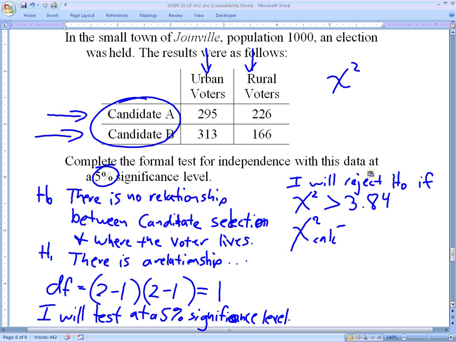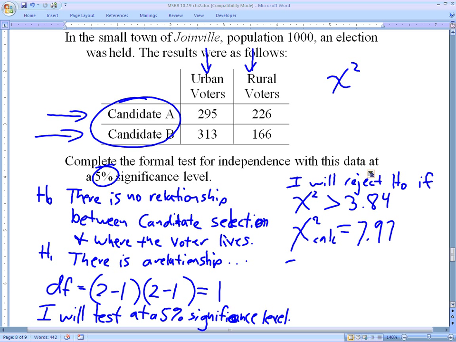And chi-squared is equal to 7.97. After we get our chi-squared value, our 6th step is we compare, and chi-squared of 7.97 is greater than 3.84.